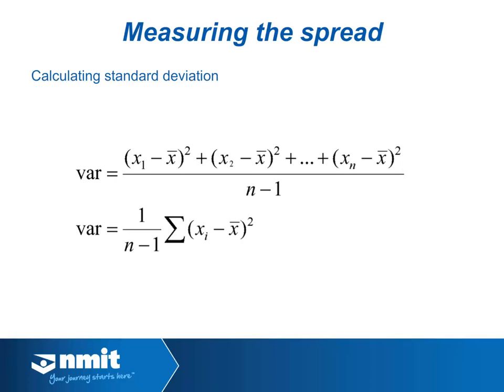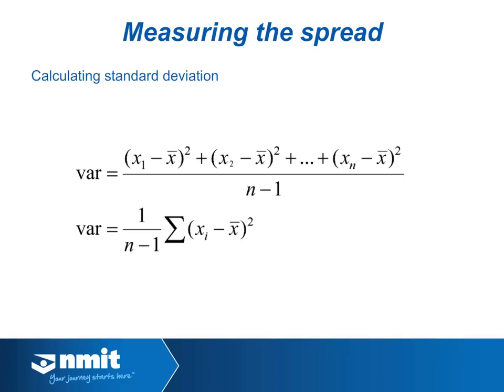And we'll have a look at why you divide by n minus 1 a bit later on, but for now we can just see that we divide by n minus 1, and that's what we need to know. The shorthand for that again is using that sum symbol, sum all the differences of a data point minus the mean squared divided by n minus 1.